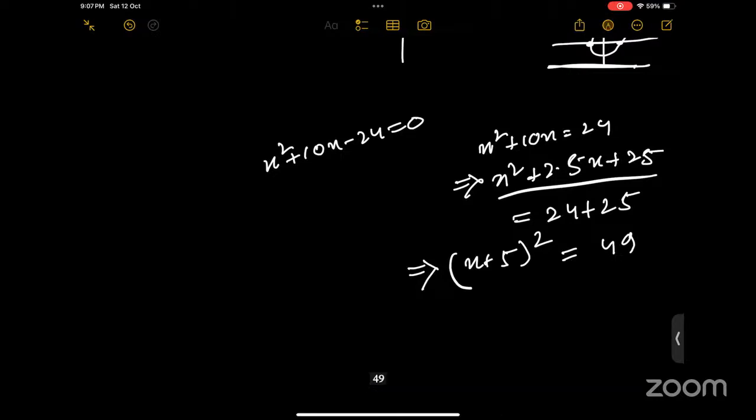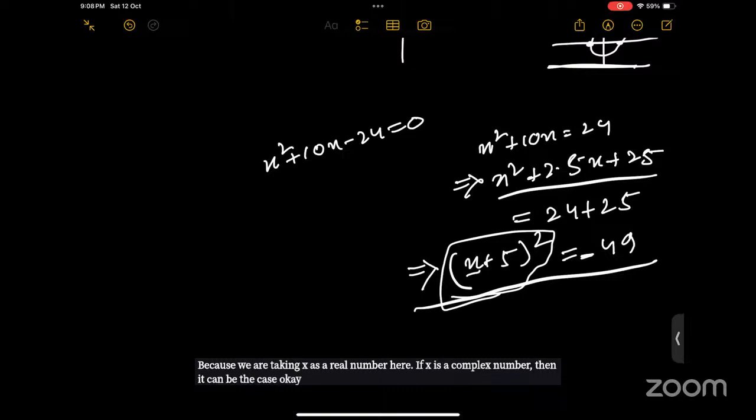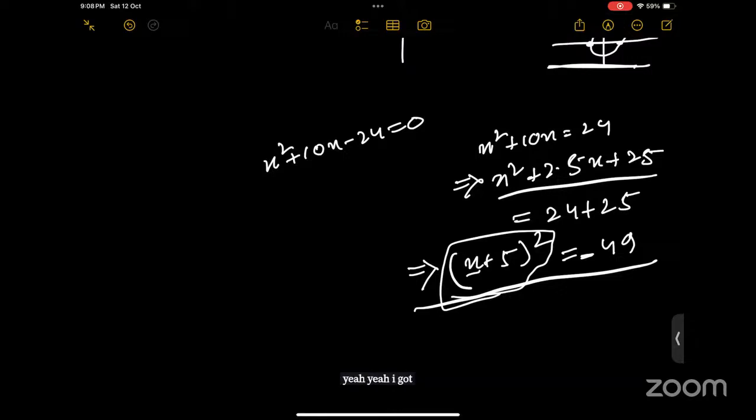So suppose this is negative, then this is not possible, right? Because here we have something positive and x is a real number, because we are taking x as a real number here. If x is a complex number, then it can be the case, but here we're not considering the complex case. Because x is a real number, the square will be positive.